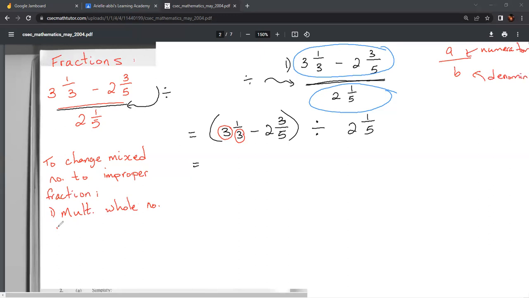So you multiply a whole number by the denominator, and then you add the numerator to it. You then put this number over the same denominator.